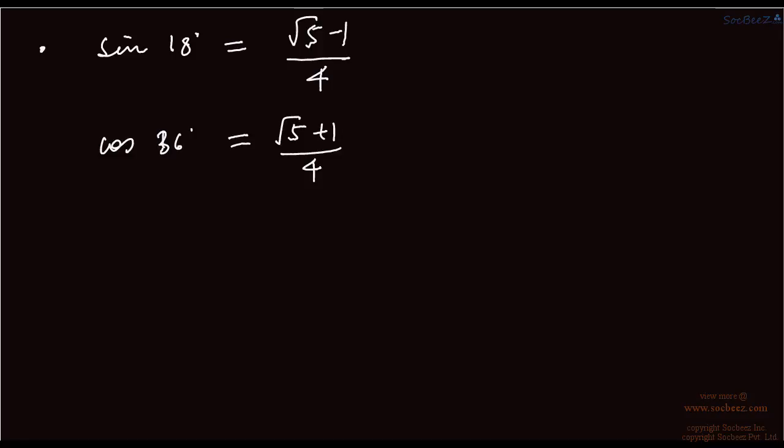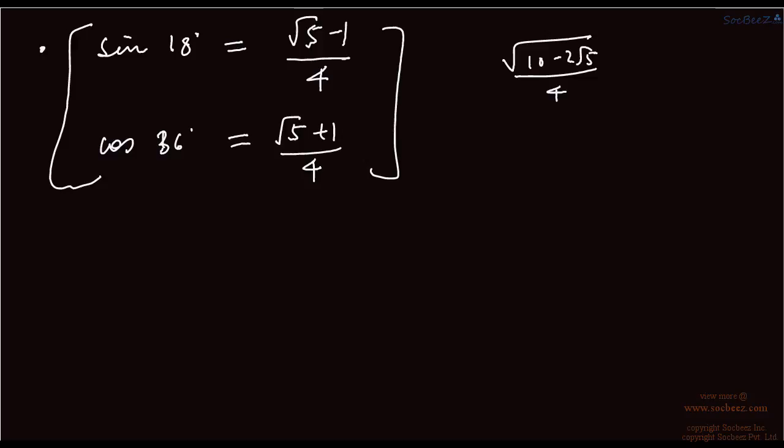These are important. That root of 10 plus minus 2 root 5 is not important, so I'm not telling you that. But that's not important. In JEE, they have always asked these two: sine of 18 and cos of 36, and related to these. Okay, pi by 5 and pi by 10.